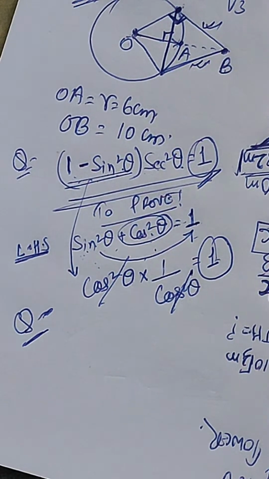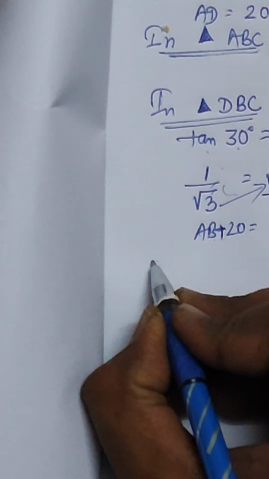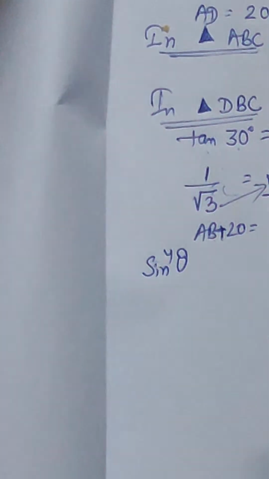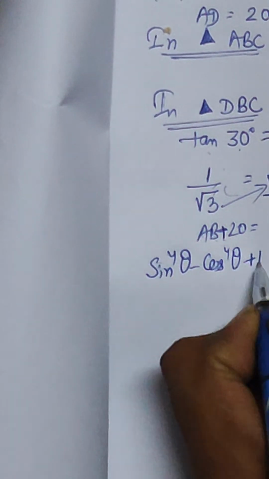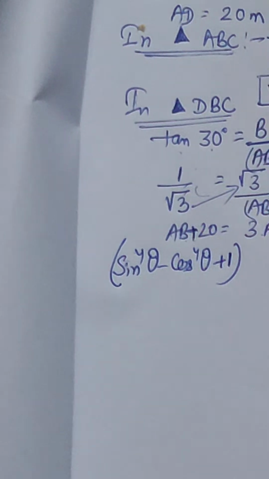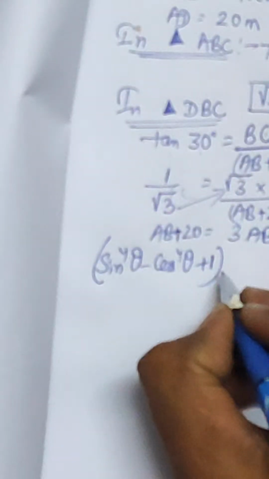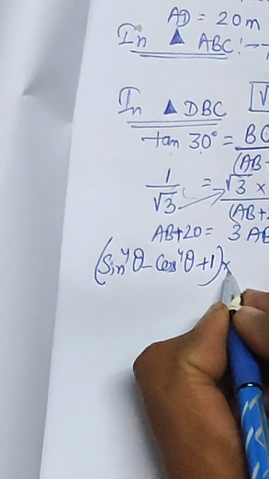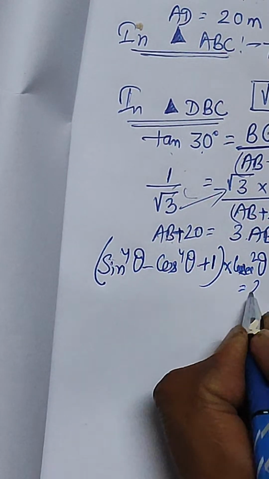Let me take this one: sine to the power 4 theta minus cos to the power 4 theta plus 1, into cosec square theta, is equal to 2.